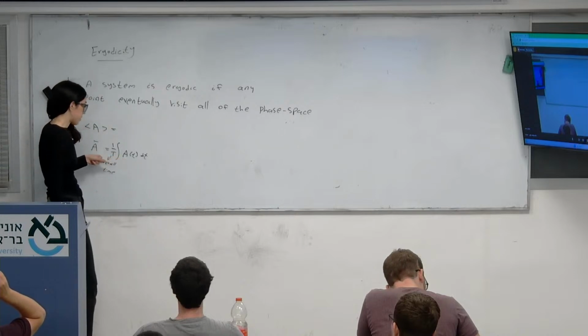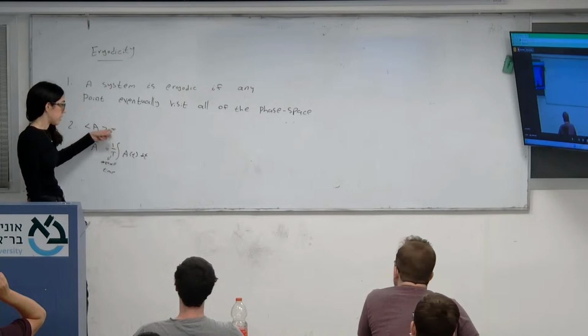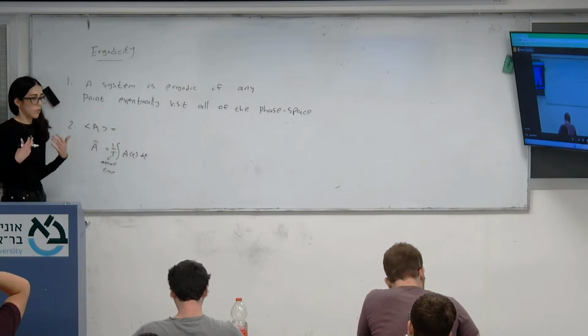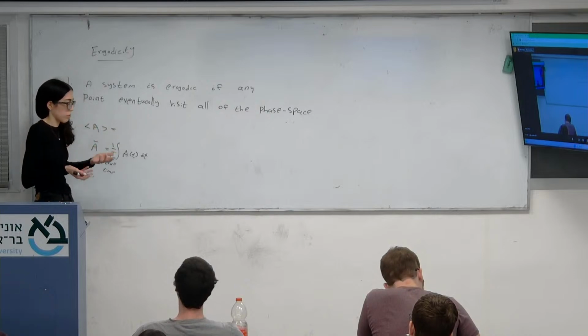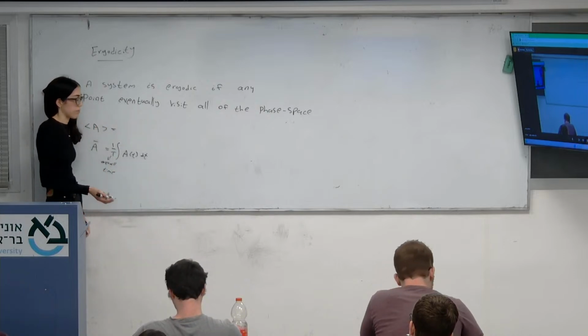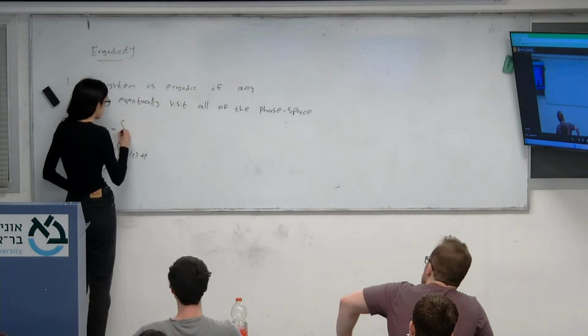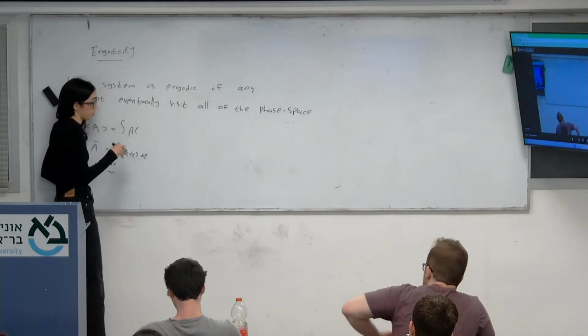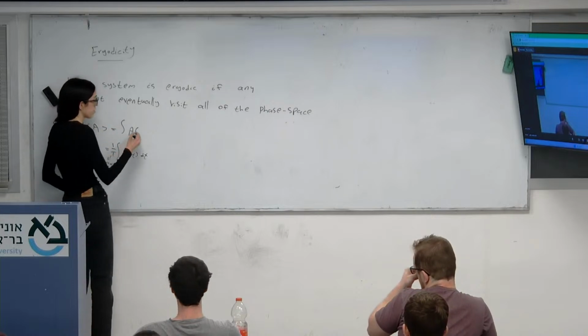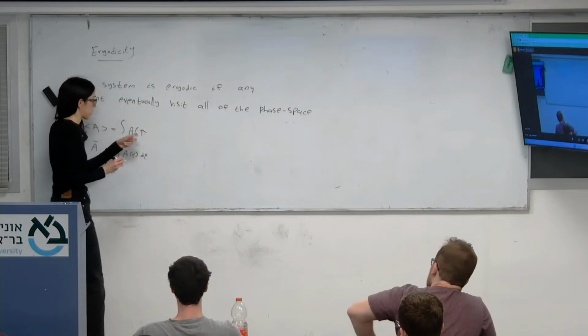So I can either average over time, or the other option is to average over the ensemble. This is what we actually usually do when we talk about averages in statistical physics. I have an integral of a that depends on the phase-space coordinates, which I call gamma.